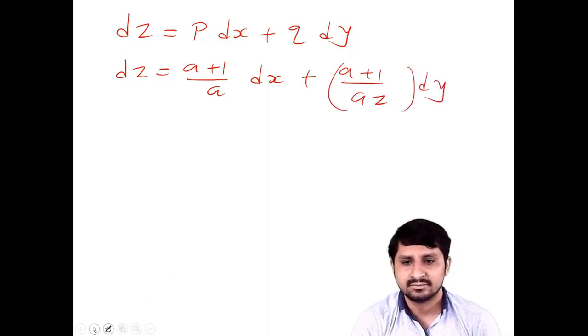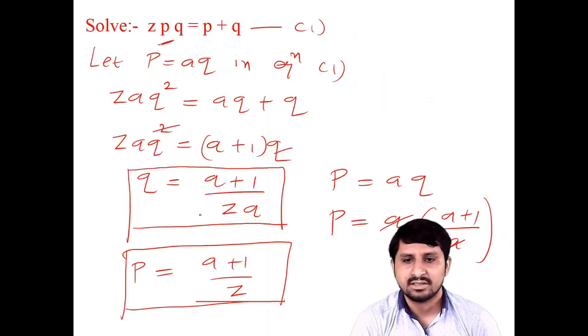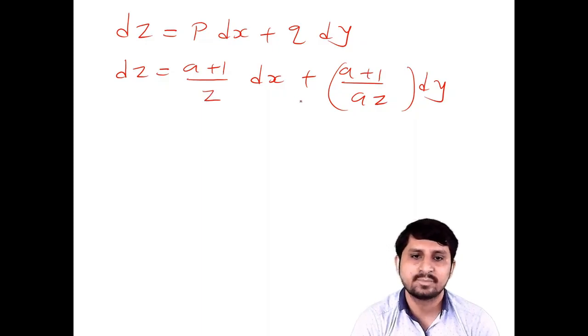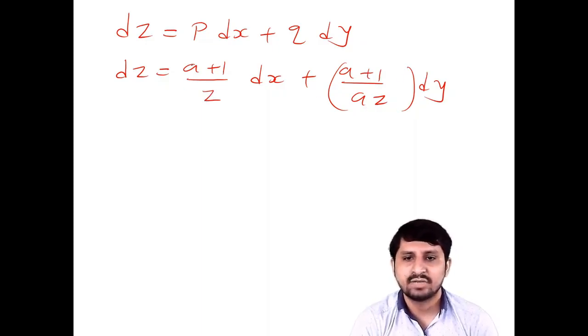Okay, see from these two equations, a plus 1 upon z dx plus a plus 1 upon az into dy. Now you can see that this 1 upon z we can take as a common term and write on the left hand side.